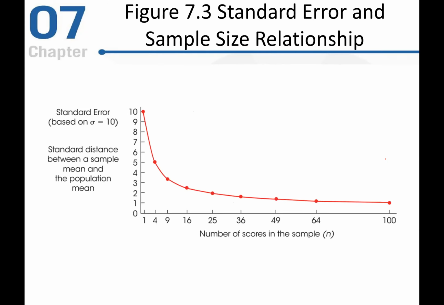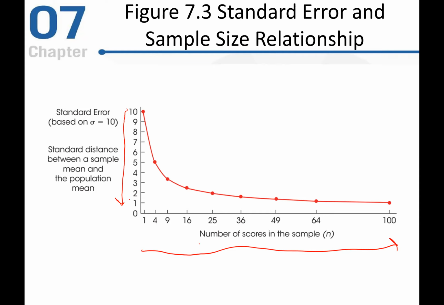All right, this figure is showing the relationship between standard error and sample size. On the x-axis, we have the number of scores in a sample, going up from 1 all the way to 100, right? As the number of scores in a sample increases, the standard error is going to decrease.